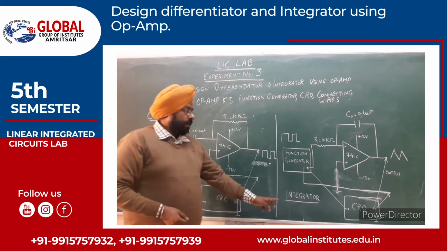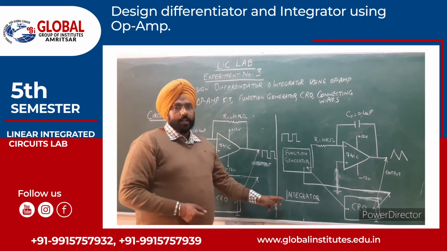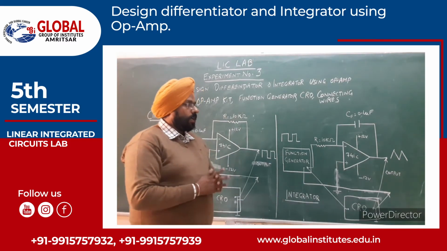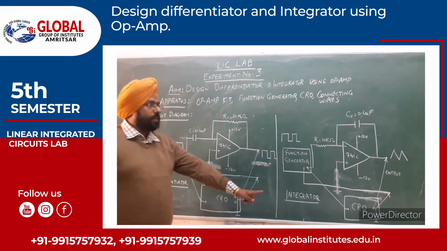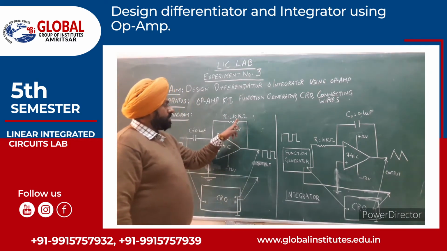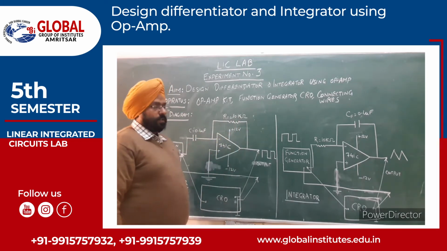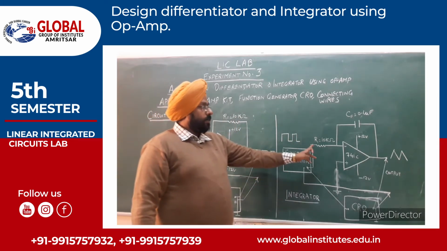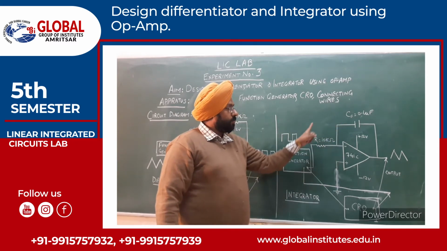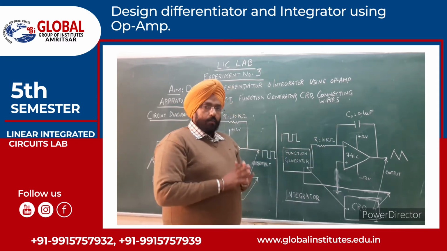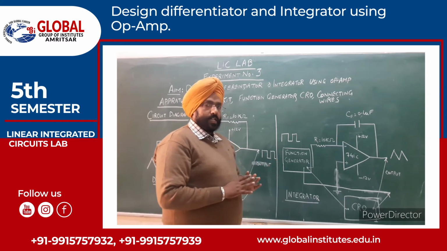Now, the second circuit is the integrator. How does it work? The basic difference between the differentiator and the integrator is the position of the resistor and capacitor. In this case, the capacitor is moved to the feedback path and the resistor is moved to the input side. The rest of the things are the same.